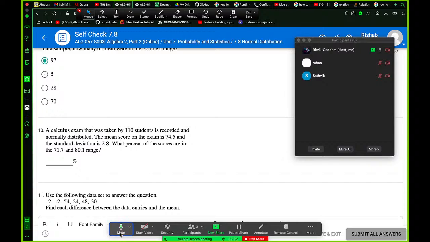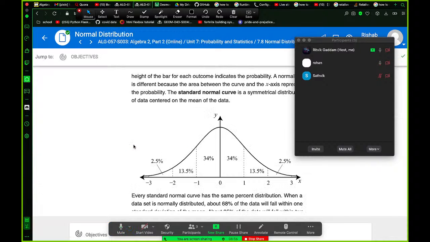Okay guys, I'm back. So number 10, a calculus exam that was taken by 110 students is recorded and normally distributed. The mean score on the exam is 74.5 and the standard deviation is 2.8. What percent of the scores are in the 71.7 and 80.1 range? Okay.